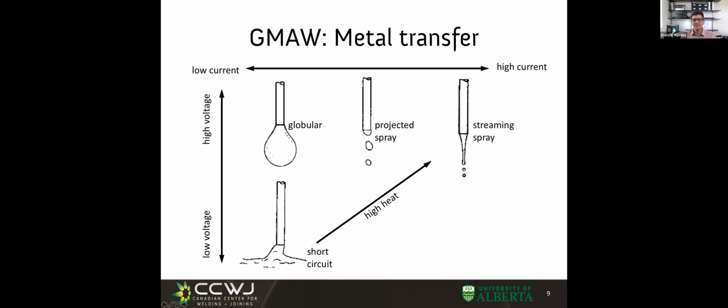And the answer why we have smaller and smaller droplets and eventually the stream spray is because as we increase the current, electromagnetic forces squeeze the electrode. It's called the pinch force. It's exactly the same physical mechanism that creates the plasma jet that can blow away your molten metal.